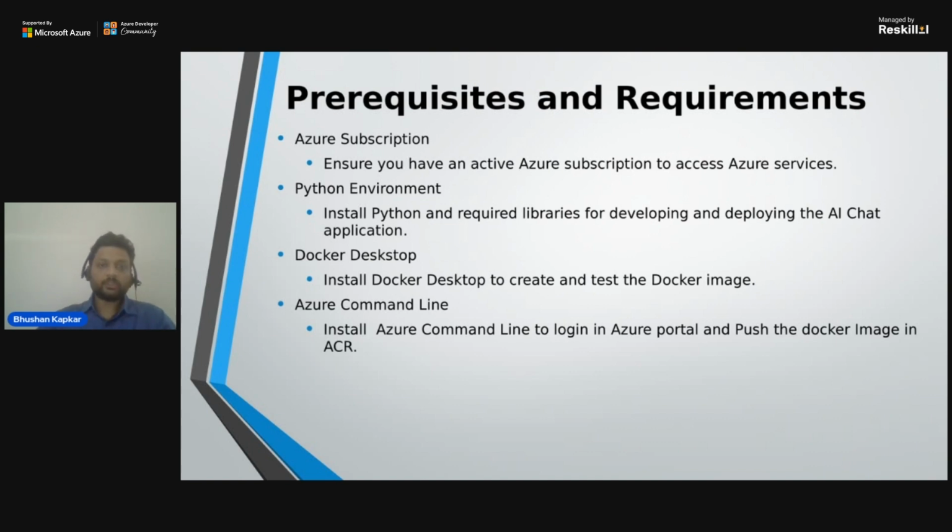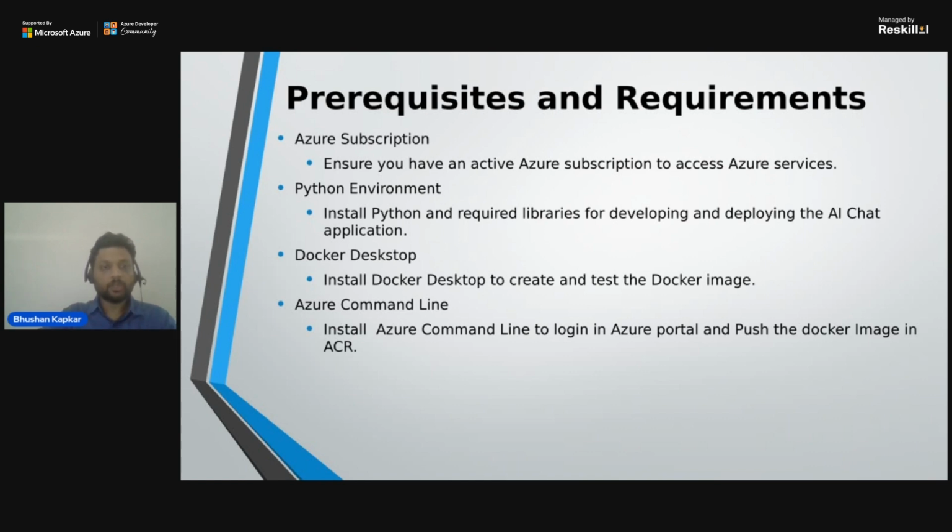These are the prerequisites and requirements for you to get started and get things up and running. You should have an Azure subscription. It could be pay-as-you-go, where you pay for whatever service you use, or maybe you will get a 200 credit if you are a new user.